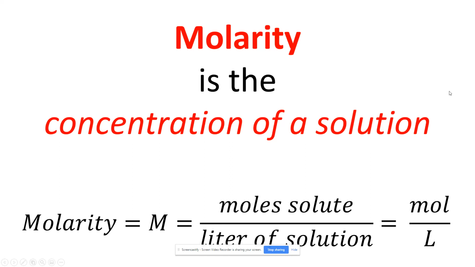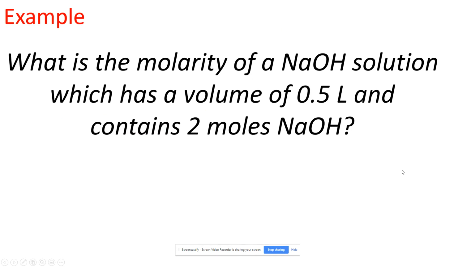The formula we're going to begin with is molarity, big M, equals moles of solute over liters of solution. Using that, let's solve a simple problem. Reading through, you notice it says molarity, which is a key that you need the formula. It says there's a volume of 0.5 liters and 2 moles of sodium hydroxide dissolved in it.